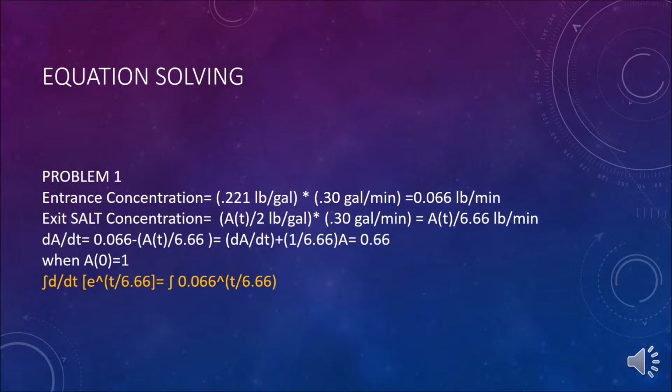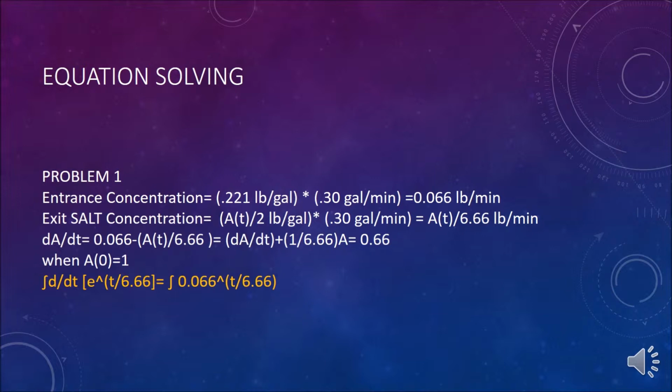Then we have dA/dt equal to 0.066 minus A over 6.66, which gives us dA/dt plus 1/6.66 multiplied by A equal to 0.066.